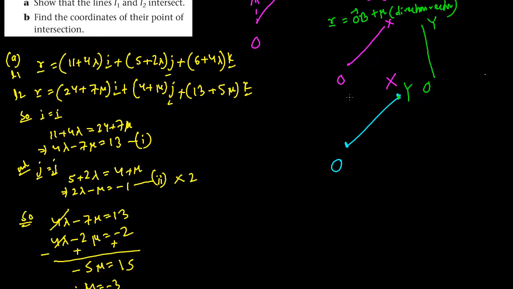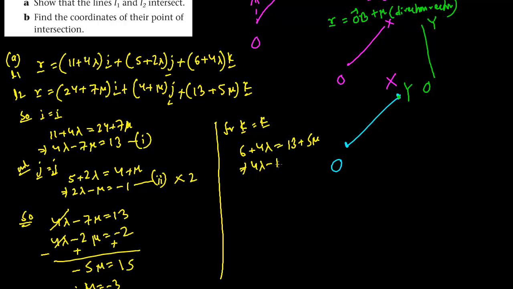So let me do it over here. Okay. For k equals k, so the third equation is 6 plus 4 lambda equals 13 plus 5 mu. So it turns out to be 4 lambda minus 5 mu equals 13 minus 6, that is 7. So let's check.